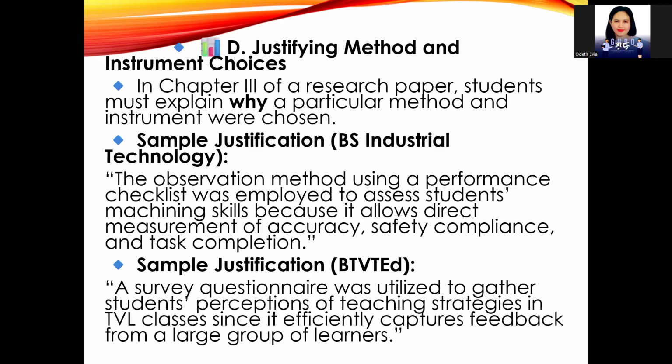Okay? So now let's discuss justifying the method and instrument choices. In chapter 3 of your research, you will explain why you chose a particular method and instrument. For example, in your industrial technology course, the observation method using a performance checklist was employed to assess the students' machining skills because it allows direct measurement of accuracy, safety compliance, and task completion.